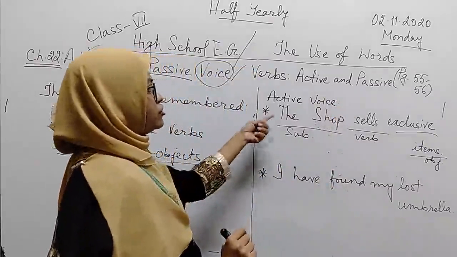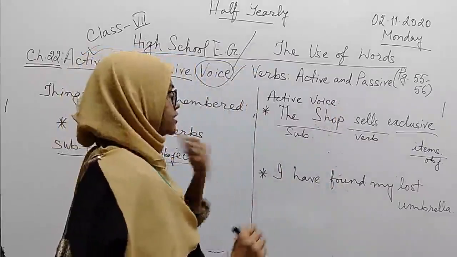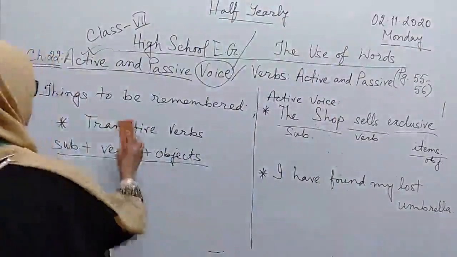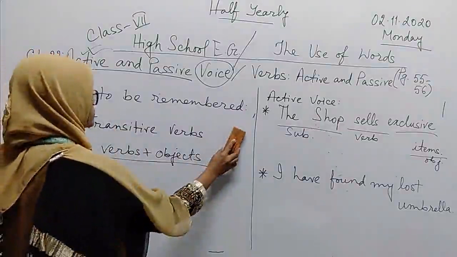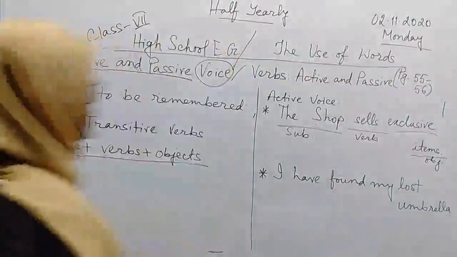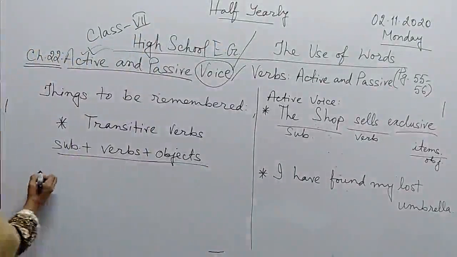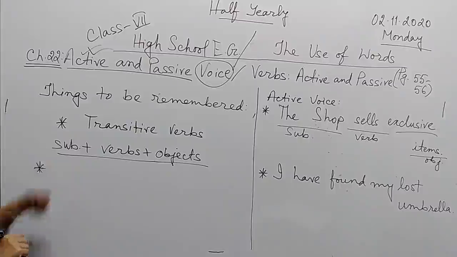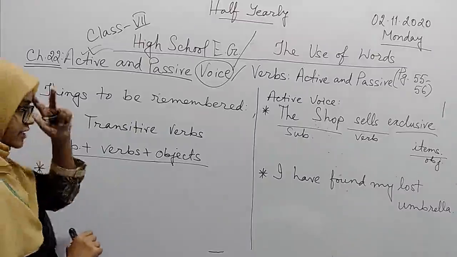If we want to change this into passive voice, what will we have to do? I shall just write the passive voice on this side. I hope you can see the board. So we are talking about the first sentence there: the shop sells exclusive items.